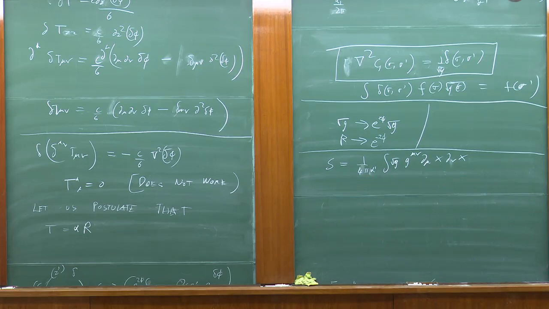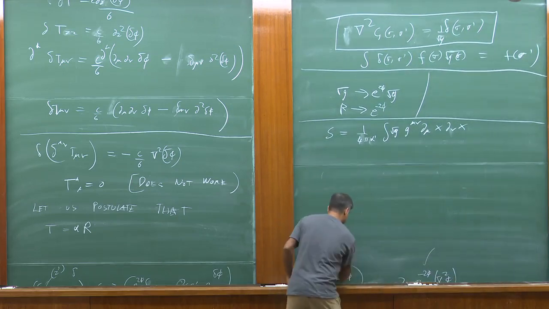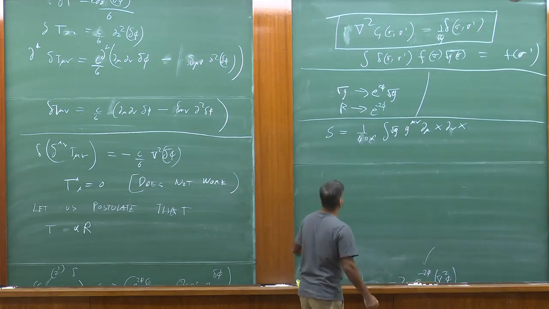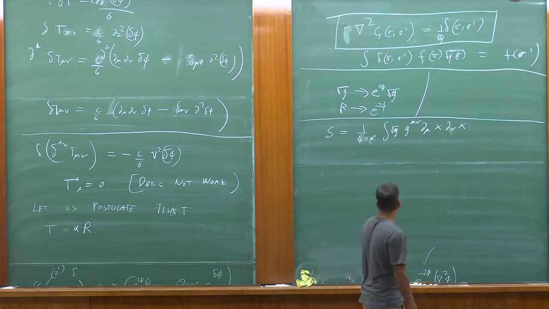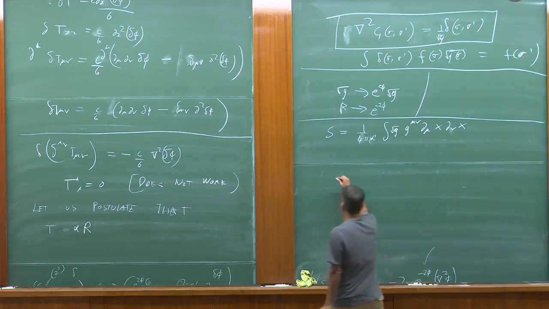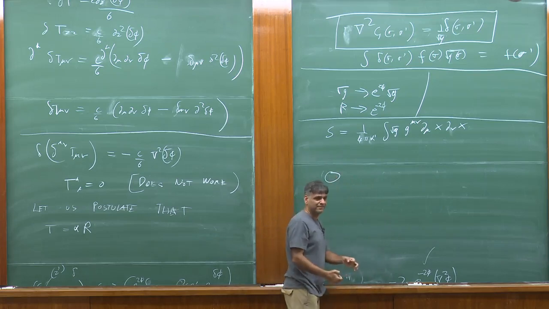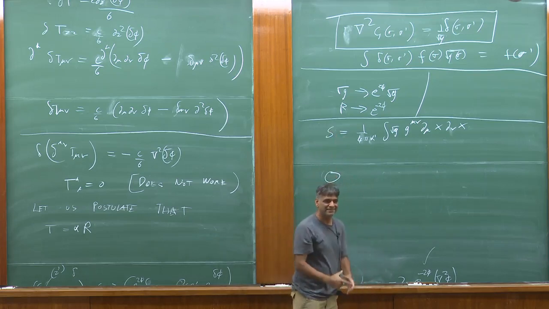Okay, excellent. So what is this theory? Let us first take this theory and study it in Lorentzian space on a cylinder, by which I mean I've got the theory on a spatial S1 and time is time.